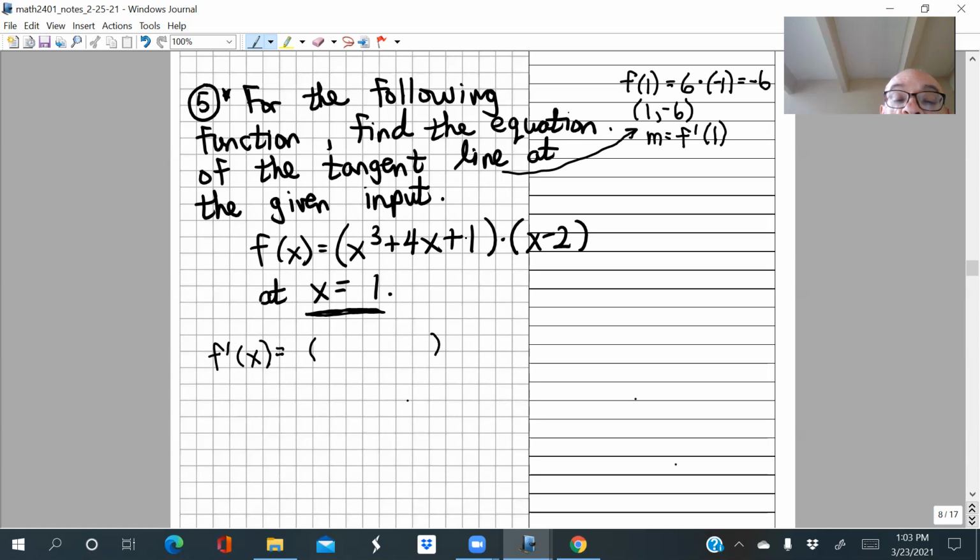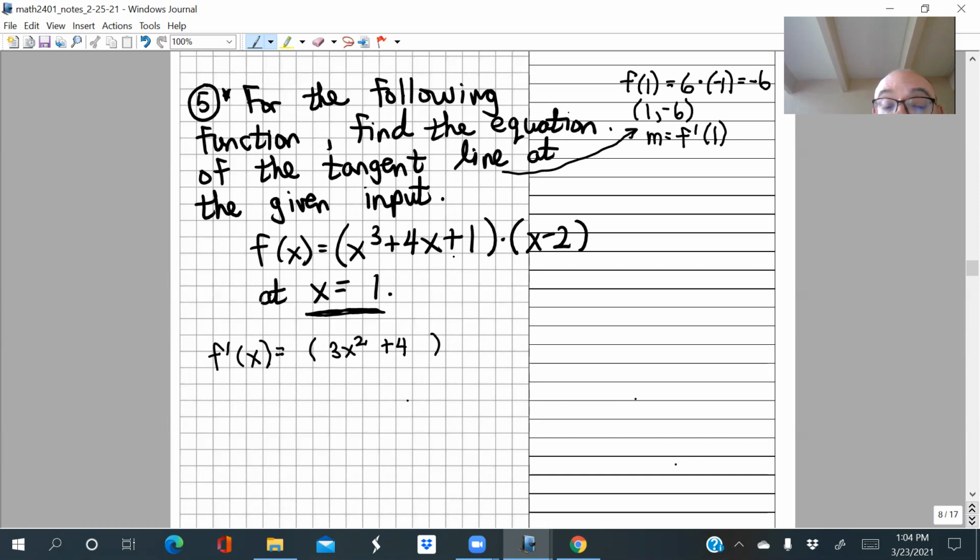Now let's see. First, I want to find the derivative of x cubed plus 4x plus 1. The power rule helps me with that really fast. Because what's the derivative of x cubed? 3x squared. Yes. And the derivative of 4x is, that's easy also, 4. And the derivative of 1 is 0, right?